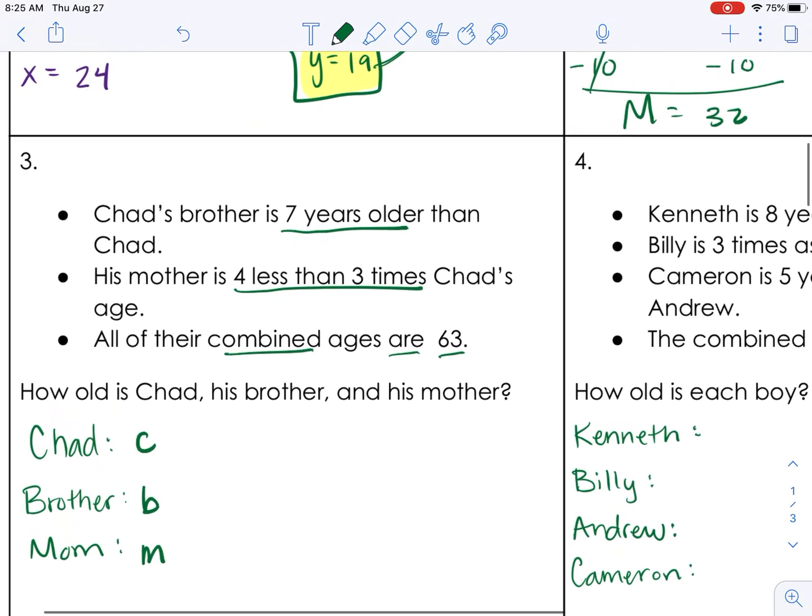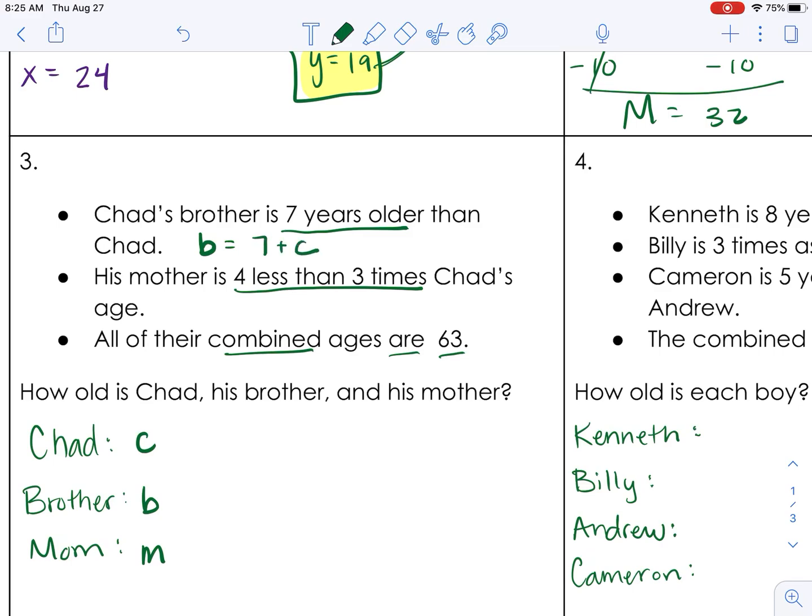And let's write those equations. So we've got Chad's brother is 7 years older than Chad. So it says brother is equal to 7 years older than Chad, so 7 plus Chad.